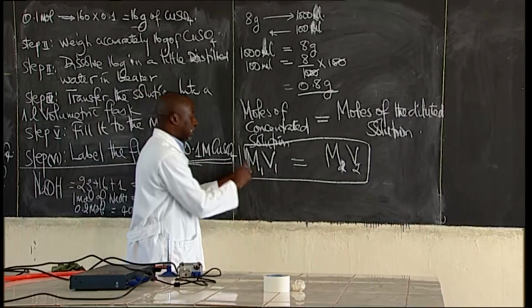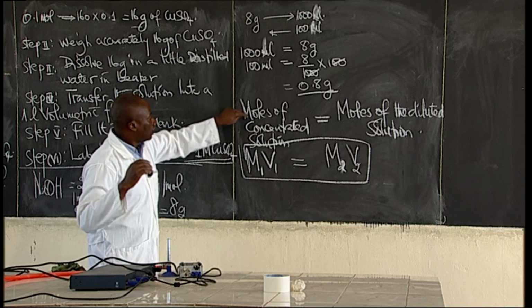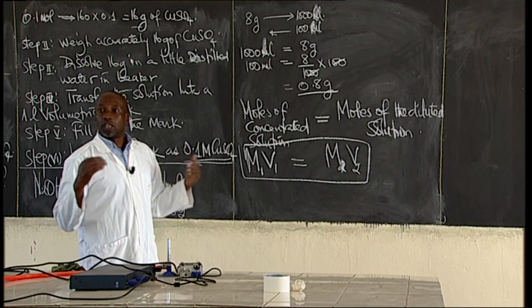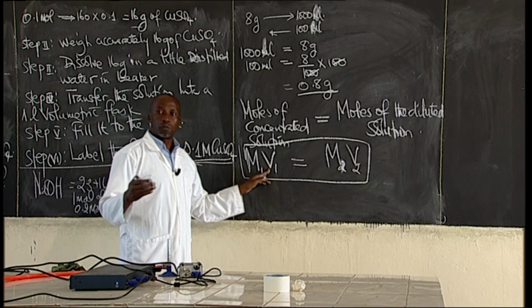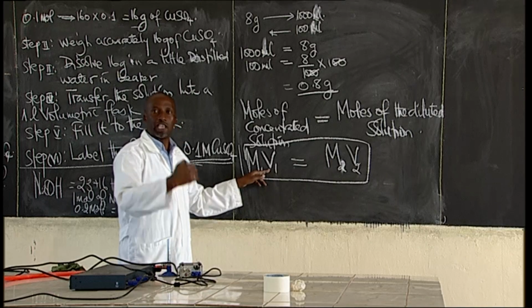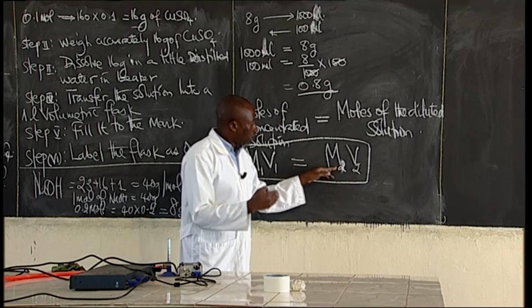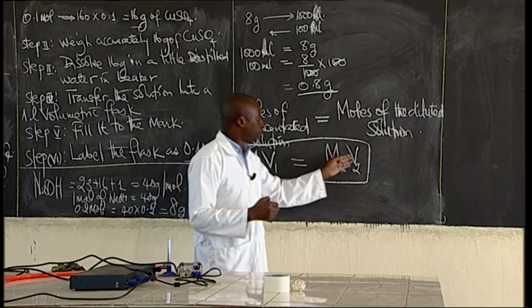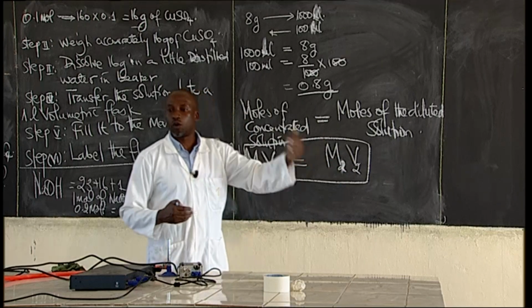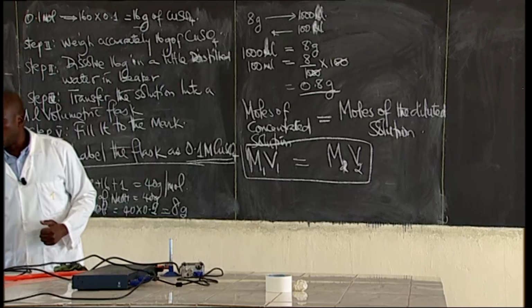This M1 is the known concentration of the concentrated solution. V1 is the volume that you will need to measure. M2 is the concentration of the diluted solution, and V2 is the known volume of the solution that you need to make. Take an example on this.